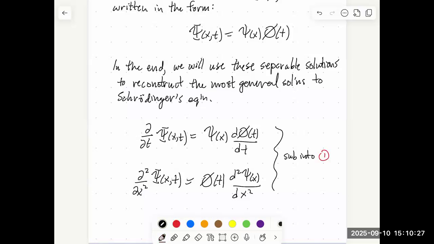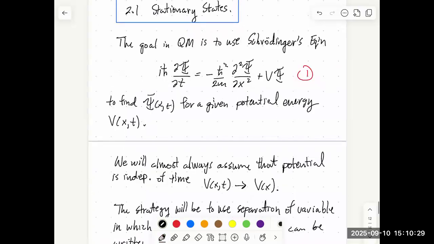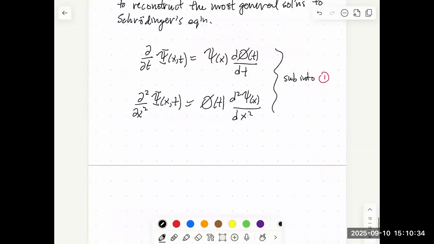So that's straightforward enough. We have an i h bar times the time derivative, and the time derivative looks just like this.